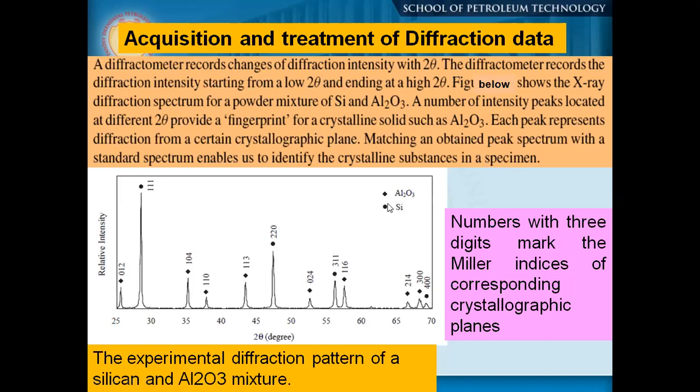You see here a diamond shape for Al2O3, and this is a mixture of silicon and Al2O3. So you can understand which intensity is for silicon and at what angle. So we are matching with the standard values, trying to characterize or identify the specific crystals or minerals present.